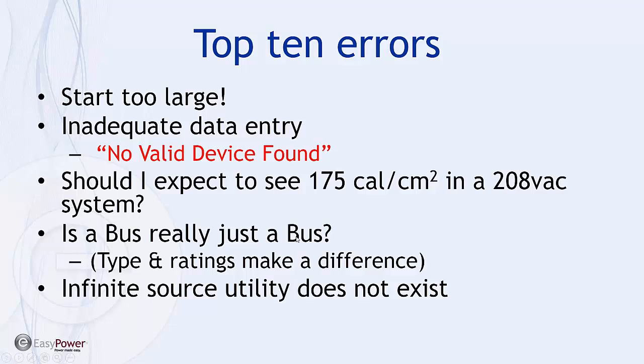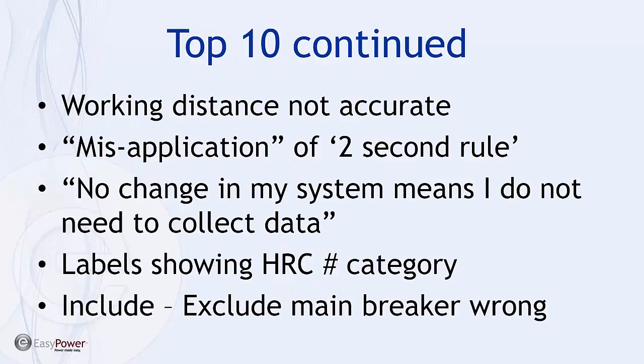Whether buses, and for that matter the bus rating is entered as data, is important when we're doing not just short circuit calculations but also the equipment duty calculations, making sure we're not just using the default infinite source parameters, making sure we're considering what the actual working distance is for procedures utilizing each specific bus.